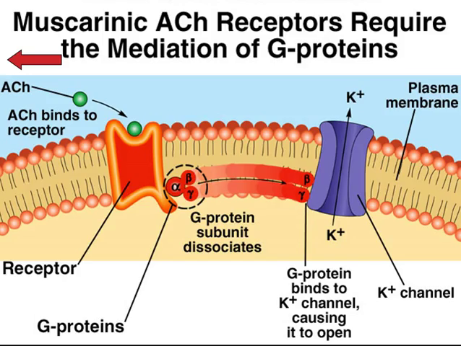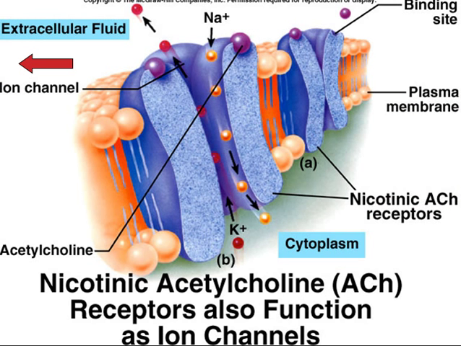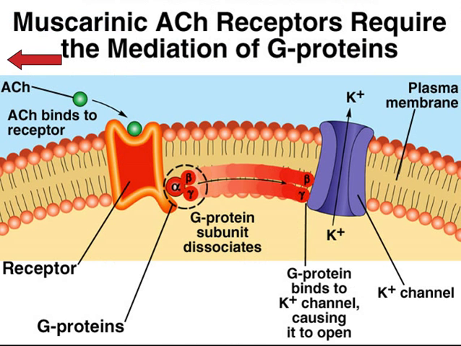And the G proteins will move through the membrane and open a channel. And so this is kind of an indirect way that the neurotransmitter can work. Right? So two different ways. Sometimes the neurotransmitter binds directly to the receptor, which is on the channel, and opens the channel. Sometimes the neurotransmitter binds to a receptor that has to release G proteins, which will move to other areas in the membrane and open the channel.